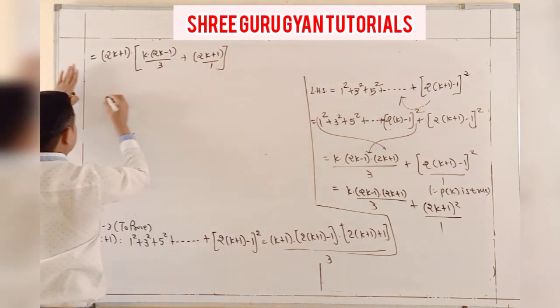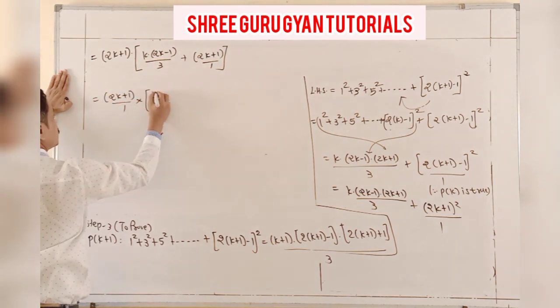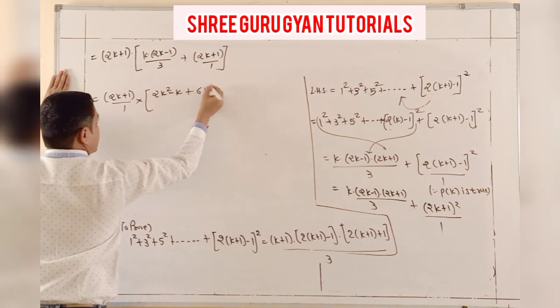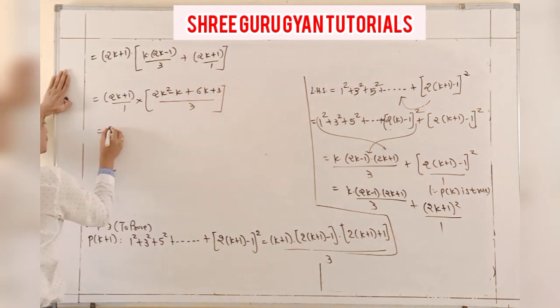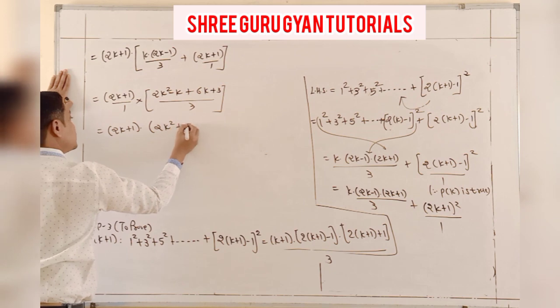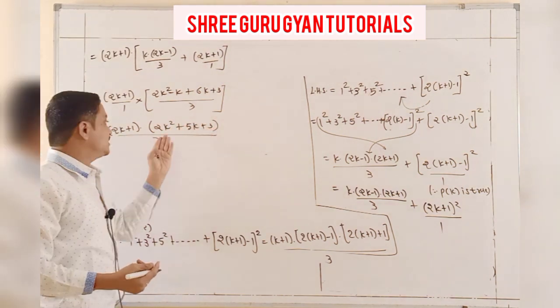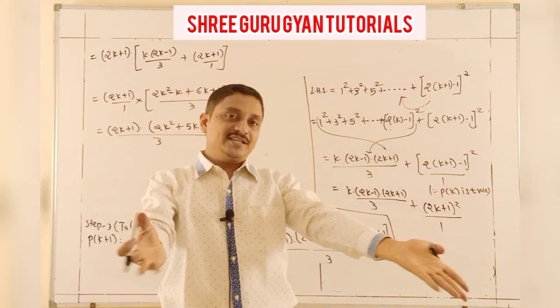Now you calculate further easily: 2k square minus k, this 3 multiplies 6k plus 3, and the denominator downwards is the same. So 2k square plus 5k plus 3. Yes, it's done. 3 times 2 is 6 and I want 5, so splitting the same, 3 times 2.